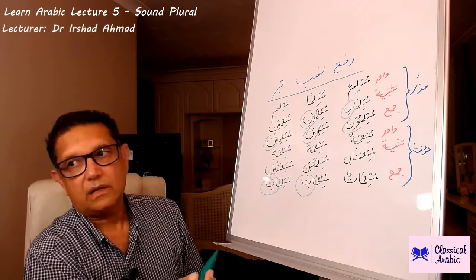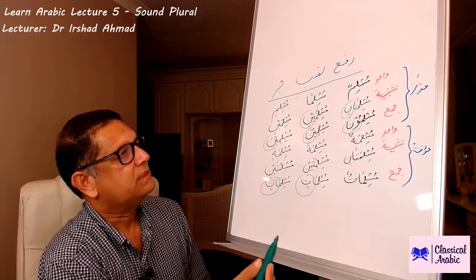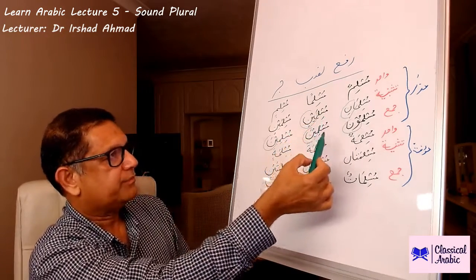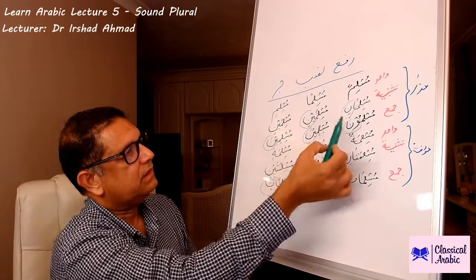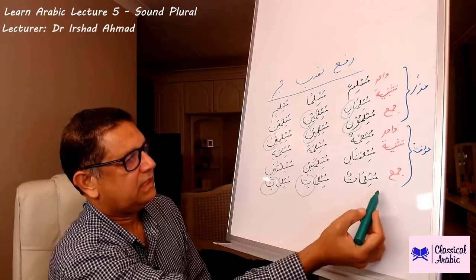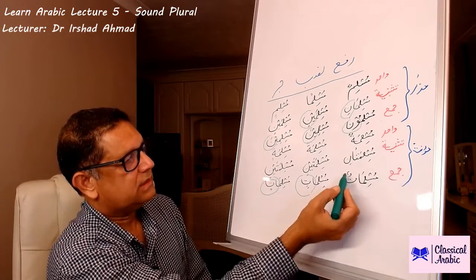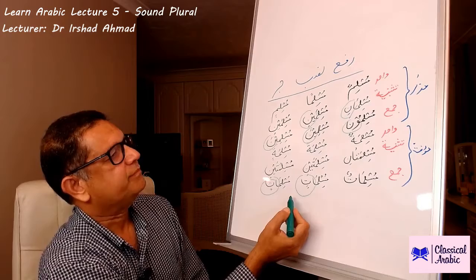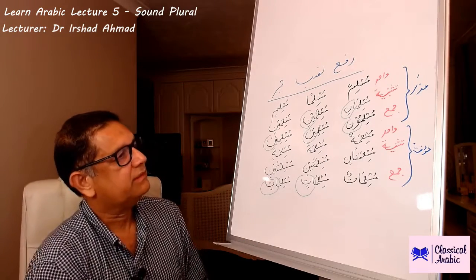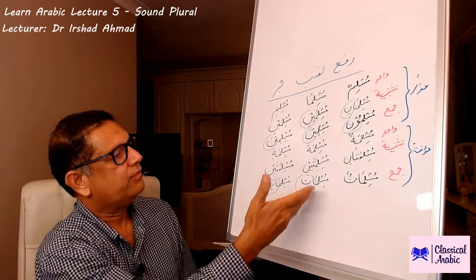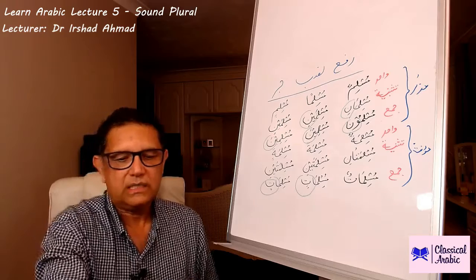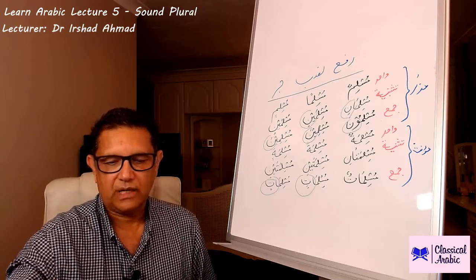From the i'rab point of view, we will have to see in which category the noun falls. So for wahid different rule, tasniya different, and for jama'a different, and in jama muannas it's slightly different. In a sentence it will not be difficult to know whether atin is nasab or jar, as we discussed last time.